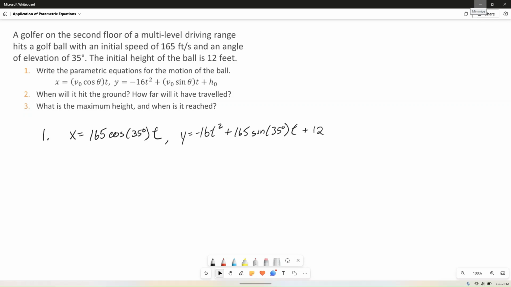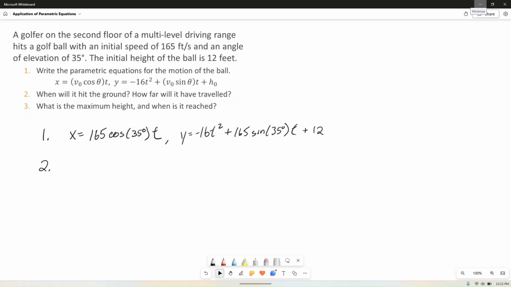The next part of the problem is to figure out when this golf ball eventually hits the ground. When we look at our parametric equations, the x equation represents horizontal distance, so that's not going to tell me anything about when it hits the ground. Instead, I want to look at the y equation, because that's giving me height.